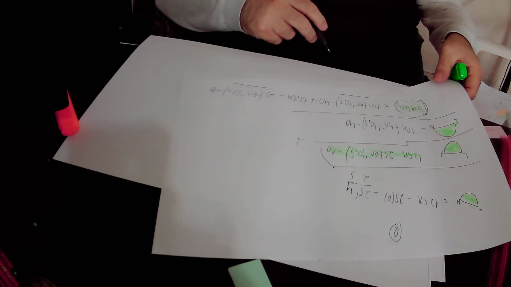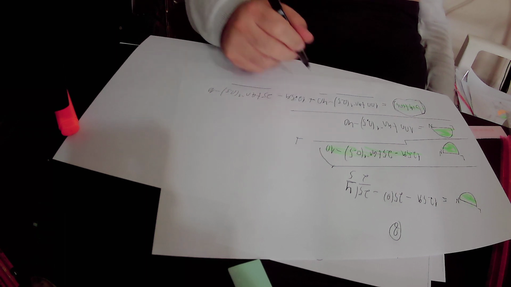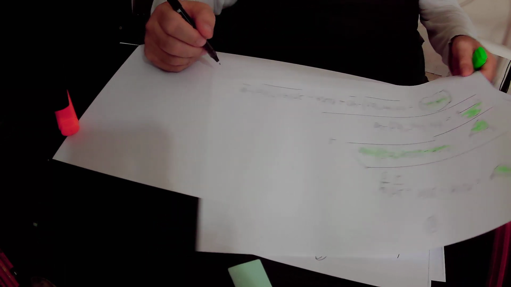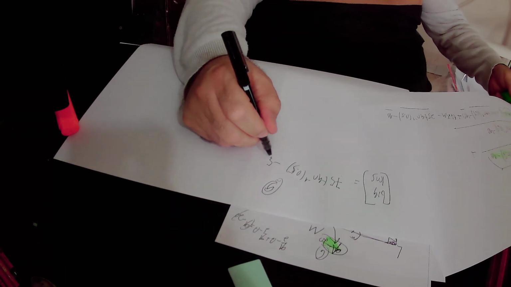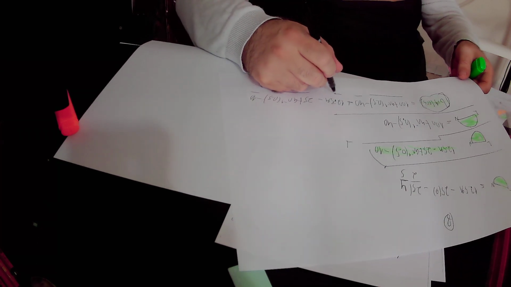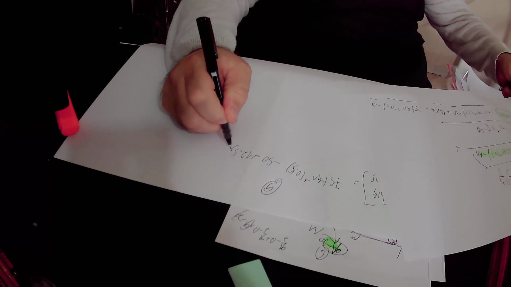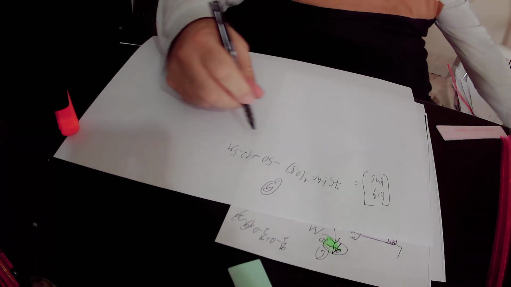We have here minus 40 plus minus 10 is minus 50. And we have here also 12.5 pi plus 12.5 pi. This is the area of the big lens.